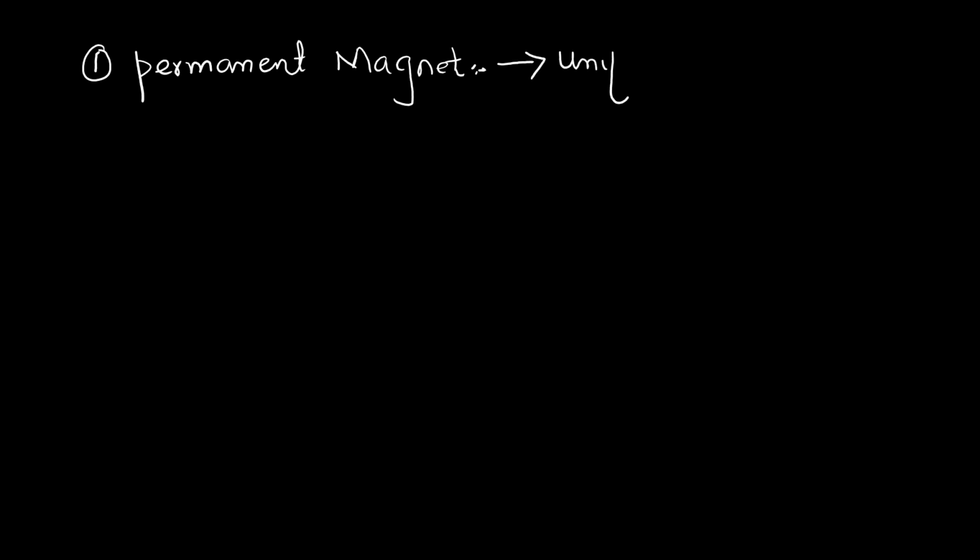The first component of the AC generator is known as the permanent magnet. Permanent magnet is a magnet which basically provides a uniform magnetic field.